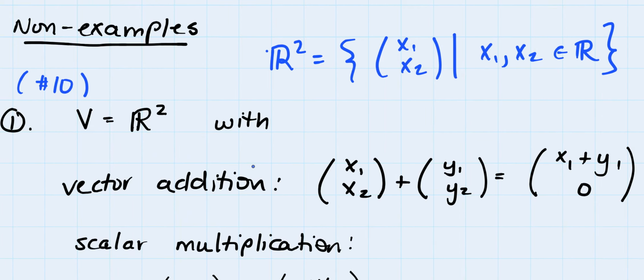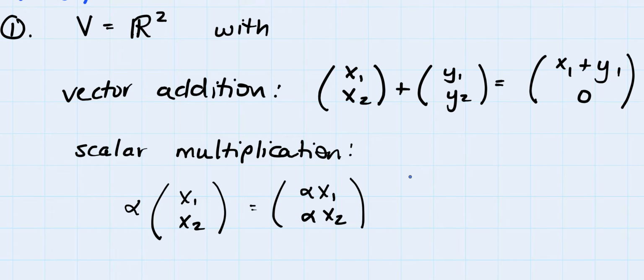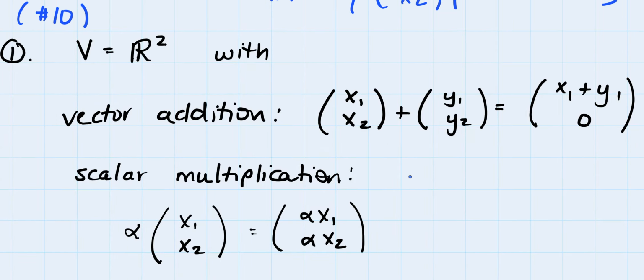So we know that V is a vector space with the regular addition, where we have x1 plus y1, and x2 plus y2. So we're using the same set, but we're changing how we add vectors. And we're going to let scalar multiplication be the normal scalar multiplication. We send in alpha into everything. And I want to show that this is not a vector space. How can I do it? Well, I need to find a property that it doesn't obey.